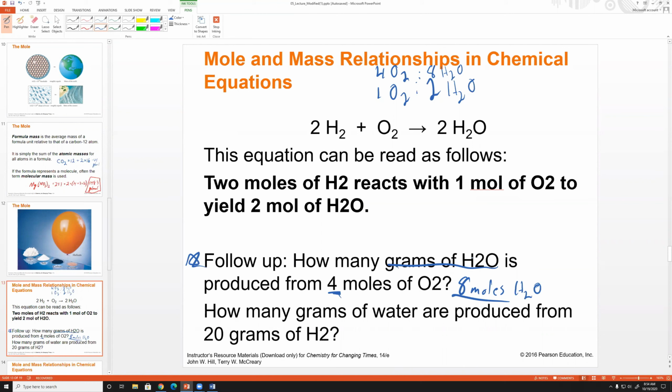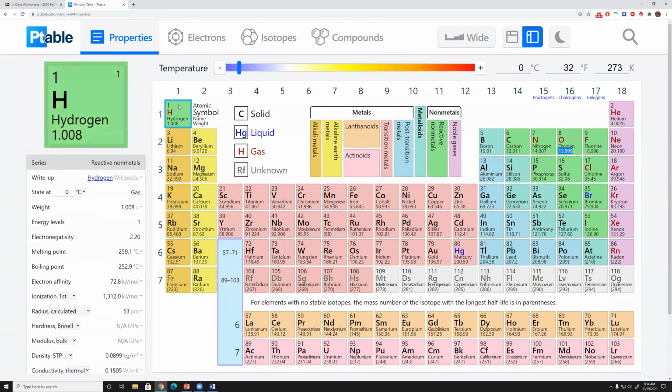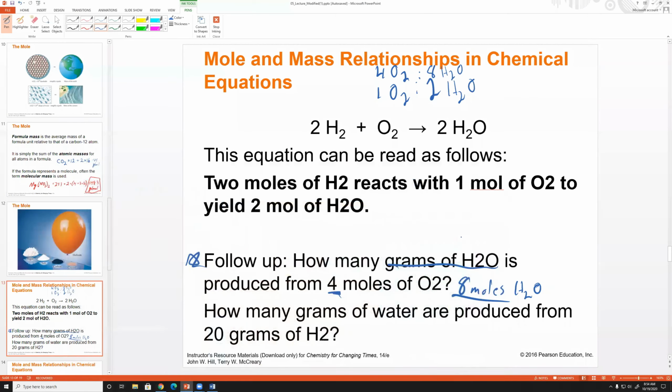First, we figure out the molar mass. All right, so the molar mass of H2O, if you look at the periodic table, hydrogen is 1, oxygen is 16. So it's going to be 1 times 2 plus 16 equals 18. So H2O is 18 grams per mole.